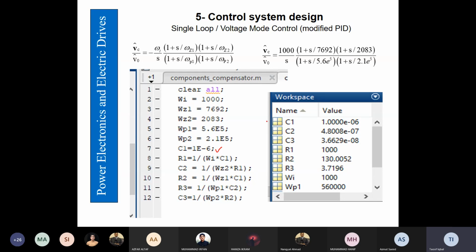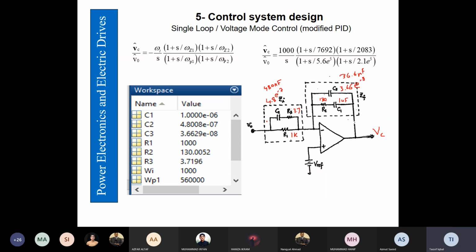We put these values in the circuit, keeping in mind that C1 must be very large compared to C3, because we have modified the formula, and R1 must be larger than R3.